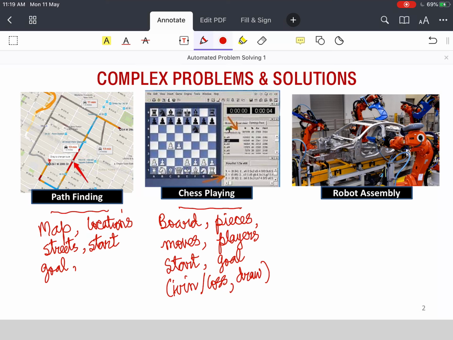Let us look at the third problem that we have, which we call robo assembly. Now here a set of robos, as you can see in the picture, are trying to manufacture a car.